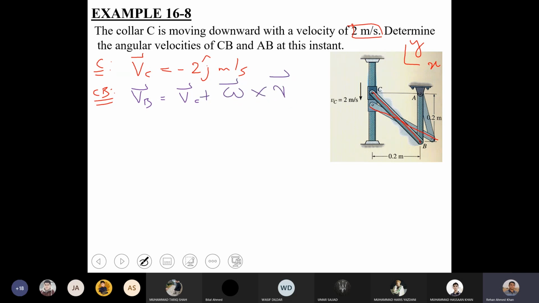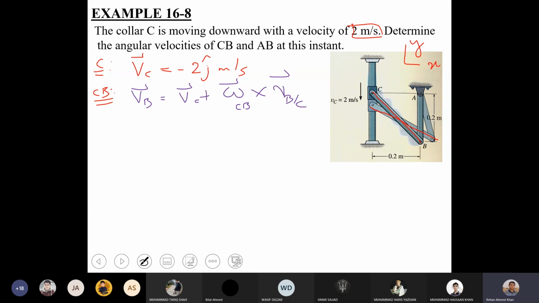Both of them are vector quantities. Here omega represents the angular velocity of this link CB, whereas r represents the relative position of B with respect to C. So the overall relative velocity equation would become VB equal to VC plus omega CB cross rBC.